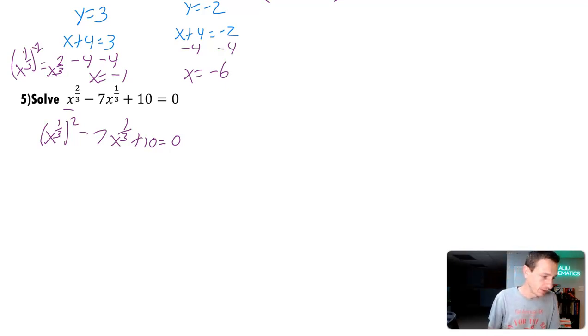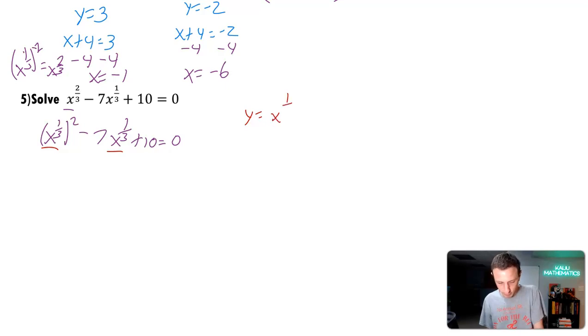From here, you could do the same approach as before. You see we have this term of x^(1/3), x^(1/3). So we can substitute out: y is equal to x^(1/3), and you get y² − 7y + 10 = 0.